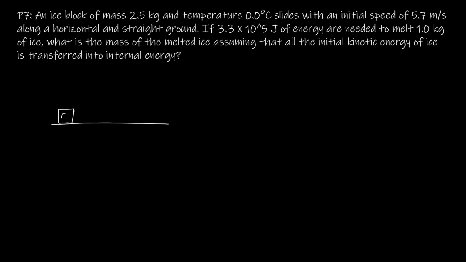It has a mass m, 2.5 kilograms, and it moves with a speed v initial or v ice, which is 5.7 meters per second, and it has an initial temperature Ti, which is just 0.0 degrees Celsius.